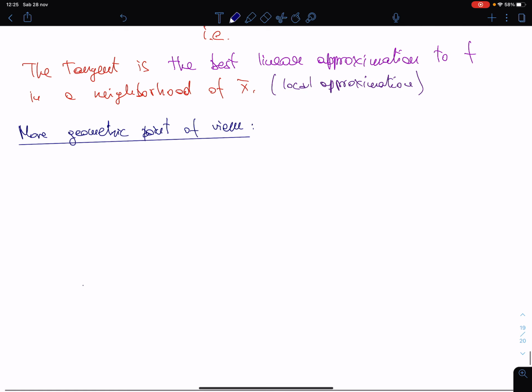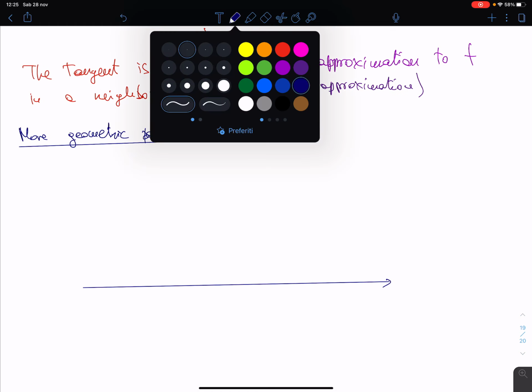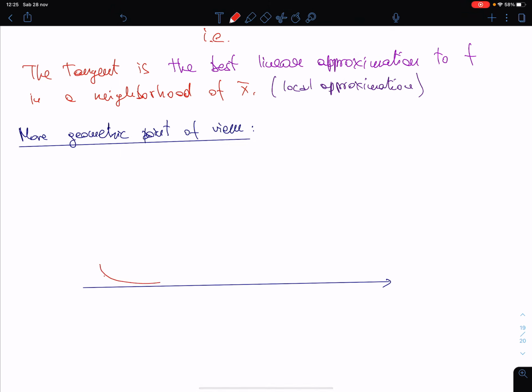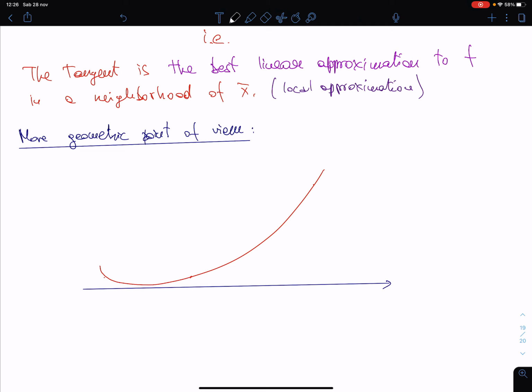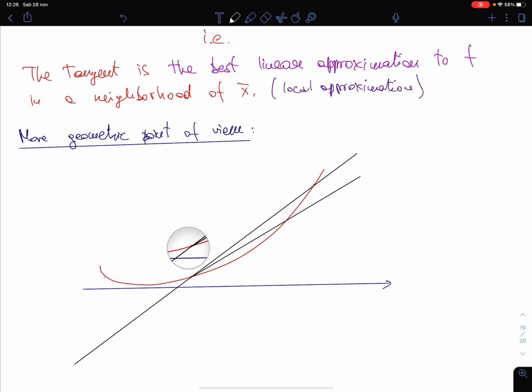Again, consider the picture that we gave before and go back to this idea of changing the line around the point x bar, f of x bar, drawing several lines passing all through this point, x bar, f of x bar.